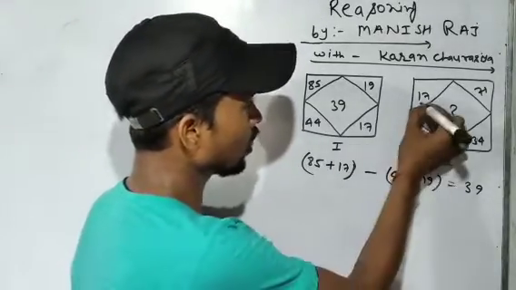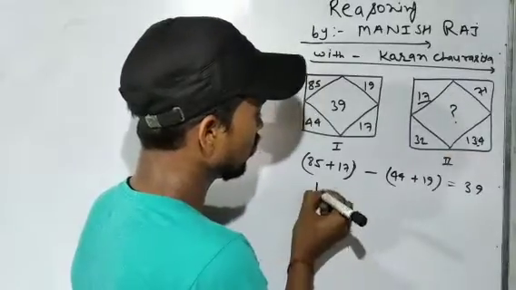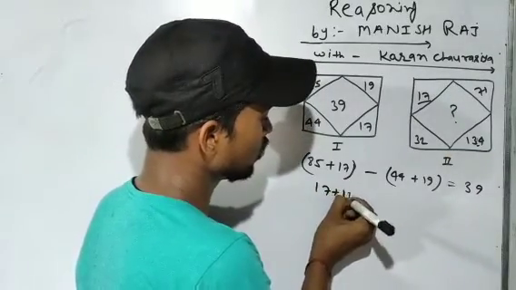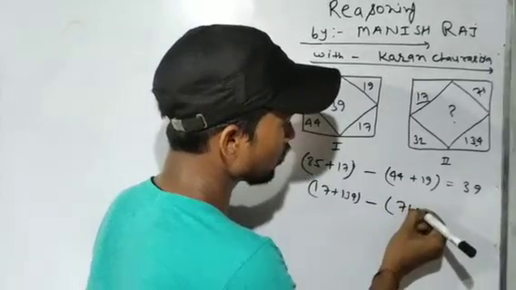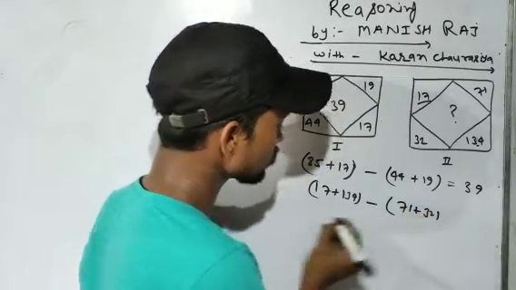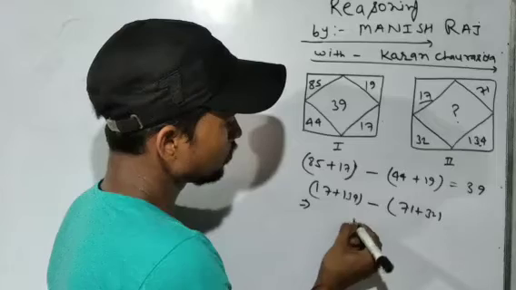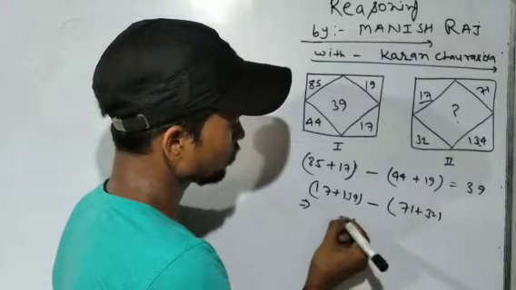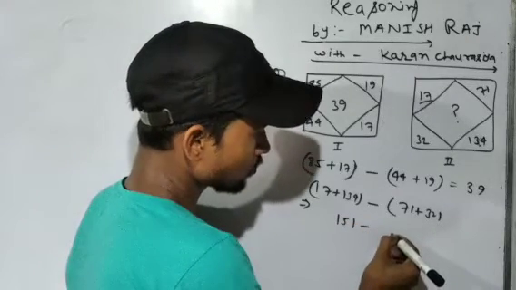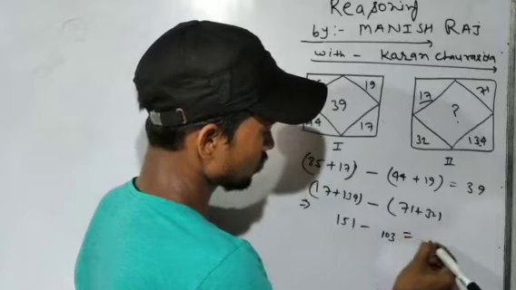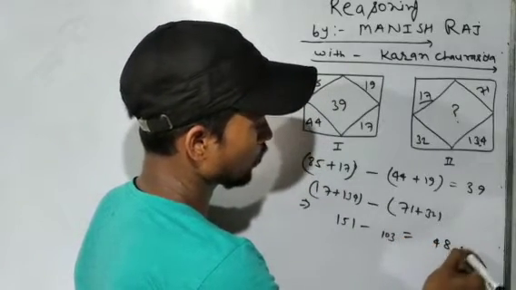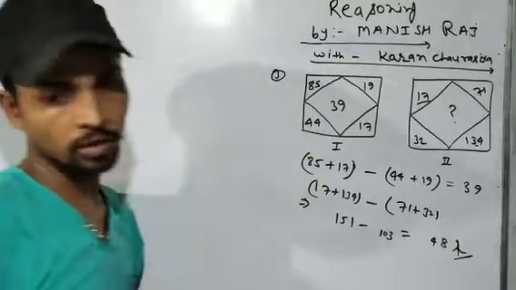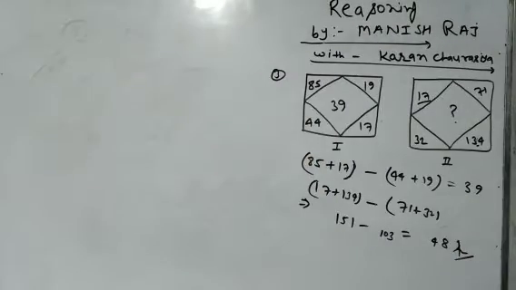For the second rectangle, 17 added to 134, and subtract 21 added to 32, equal to 48. Your answer will be 48.